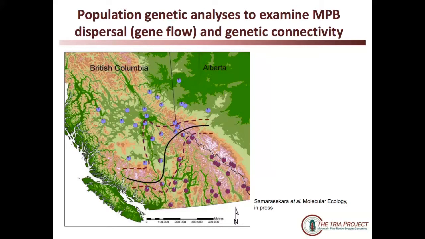So the sex-linked marker was not included in this analysis, but we used a number of other genetic markers to look at population structures of mountain pine beetle across the outbreak in Western Canada. These are the Herculean efforts of ASRD and our beetle collecting crew that has gained some infamy in time. And so using those genetic markers, we can see that we can differentiate between the northern populations and the southern populations.